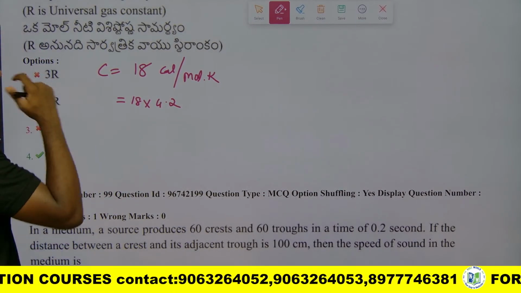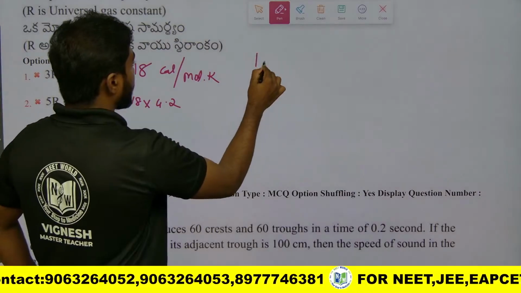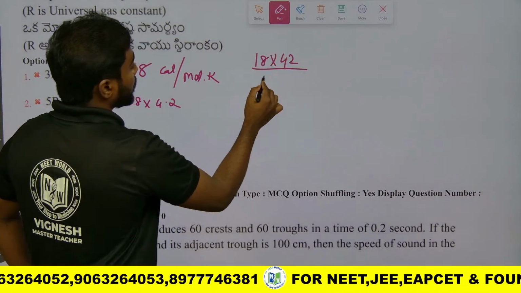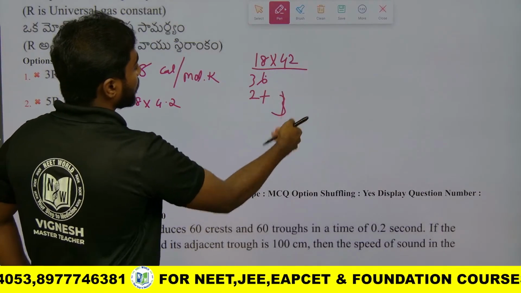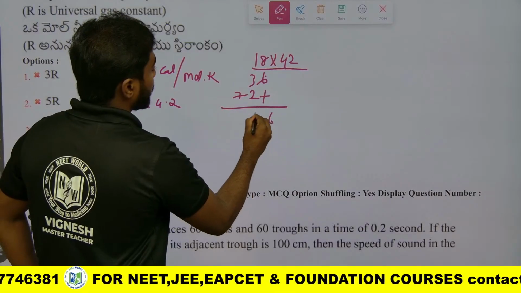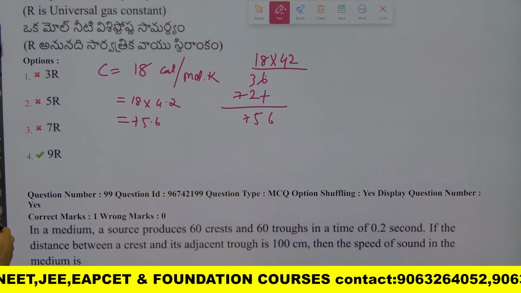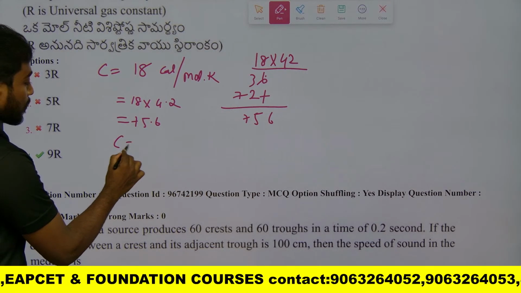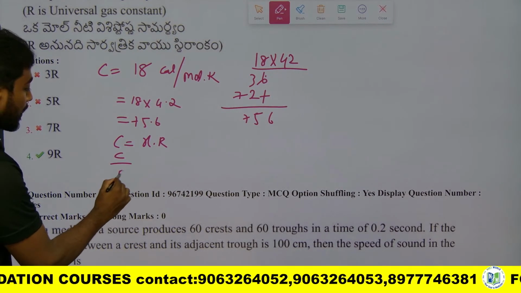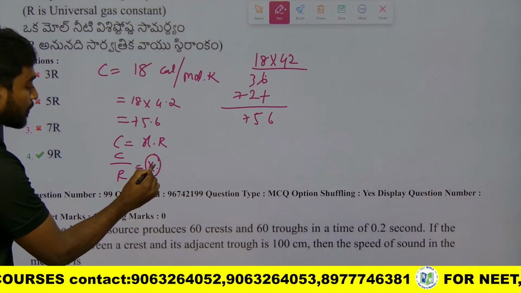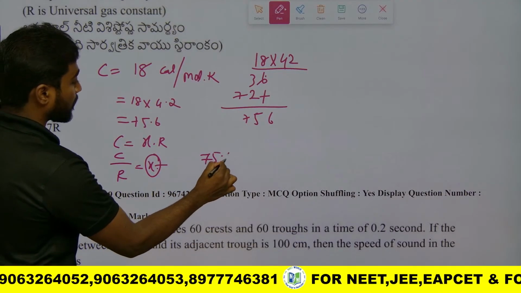Now I need to get it in terms of R. First I will multiply 18 into 4.2, which gives 75.6. So C equals X times R. In terms of R I need to get it, so C by R equals X. What is C here? 75.6.